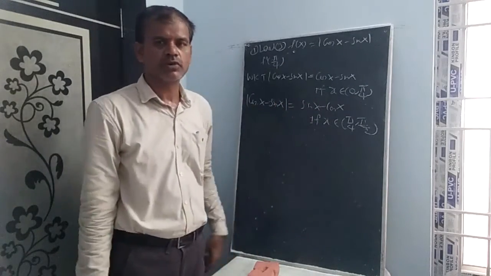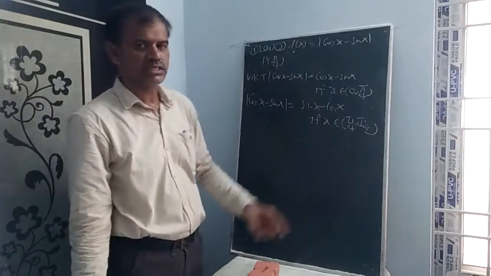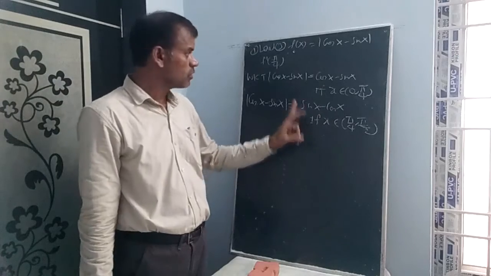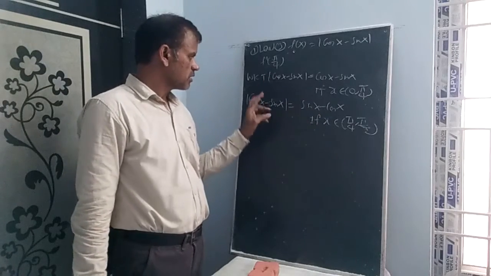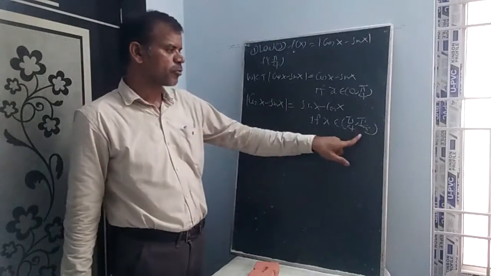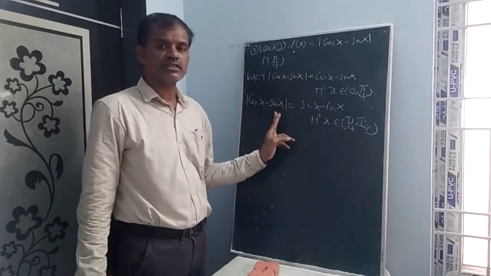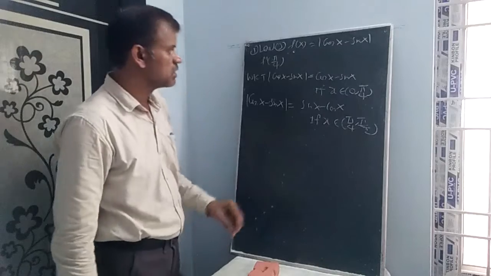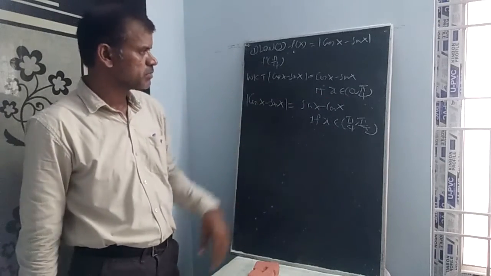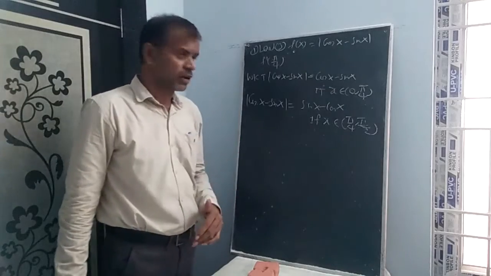Sin 60 is root 3 by 2, it is 0.866, and cos 60 is 0.5. So this is positive. So the modulus concept is reversed. So between pi by 4 comma pi by 2, modulus of cos x minus sin x becomes sin x minus cos x. And between 0 comma pi by 4, modulus of cos x minus sin x becomes simply cos x minus sin x.